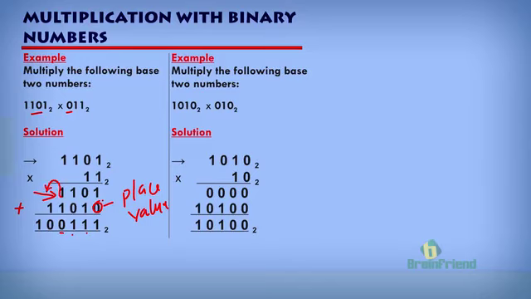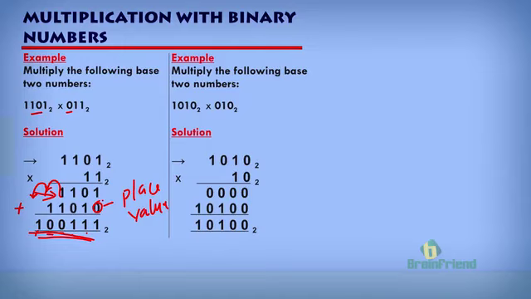And there we have 1. So 1 and 1 again will give us 0, and we need to carry 1 over to the next significant bit. We finally drop our 1 down. So our number becomes 100111 base 2. 1101 base 2 times 011 base 2 will give us 100111 base 2.